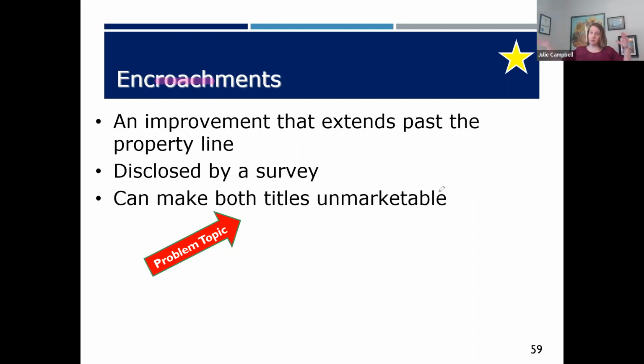Trees, maybe they're an encroachment. Maybe part of your trees expanding onto somebody else's. Absolutely, that's an encroachment. The problem with the trees is when one falls down. Right now, who's responsible for it? I can't answer that. We got to get insurance companies involved. If it turns ugly, we got to get attorneys, right? Trees are a different class. But probably the biggest encroachment that we see, the most common one, is a fence.